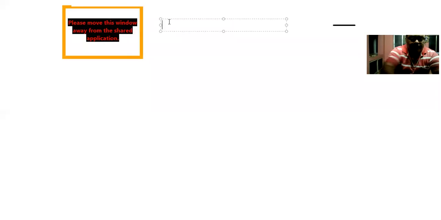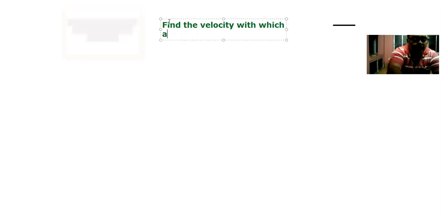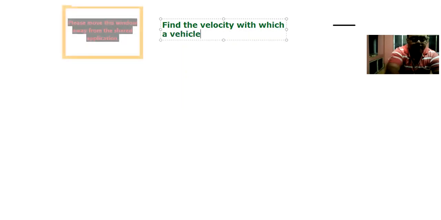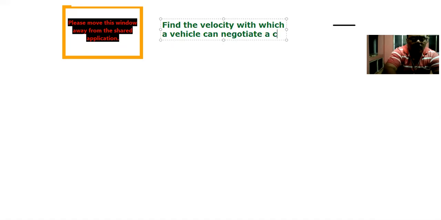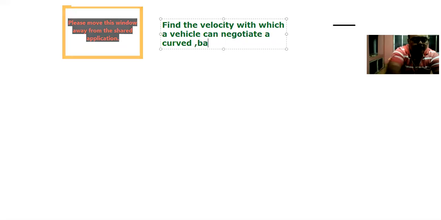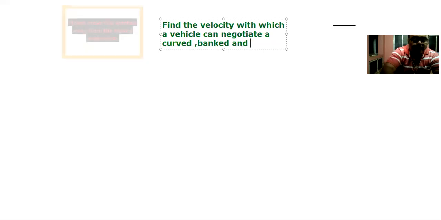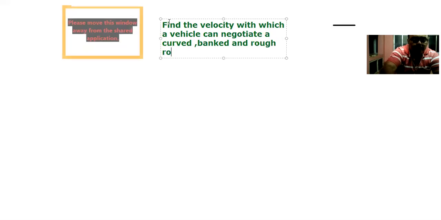So we are starting with the proof to find the velocity with which a vehicle can negotiate a curved, banked and rough road safely.